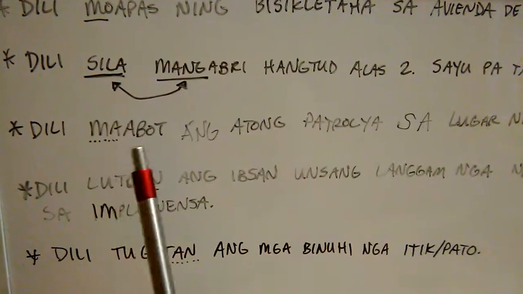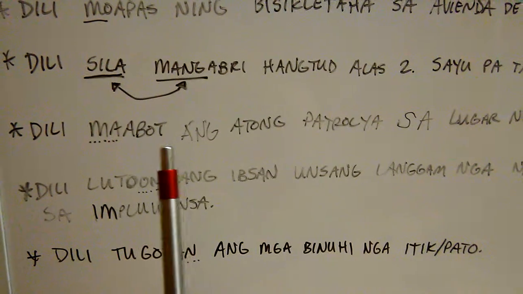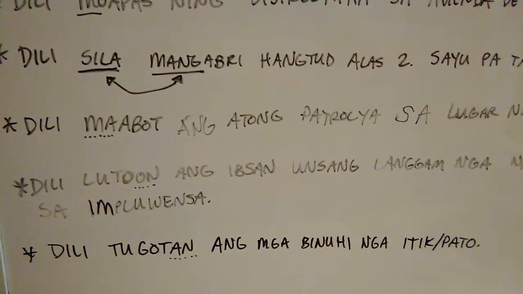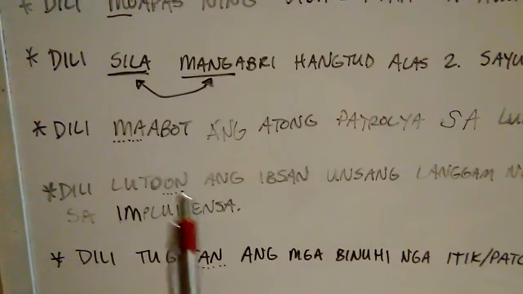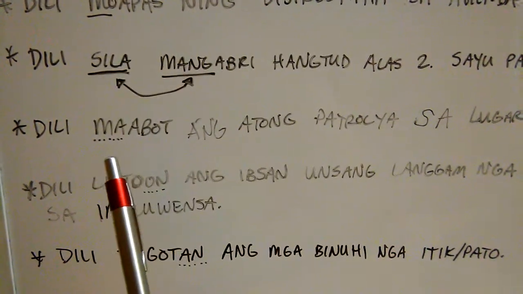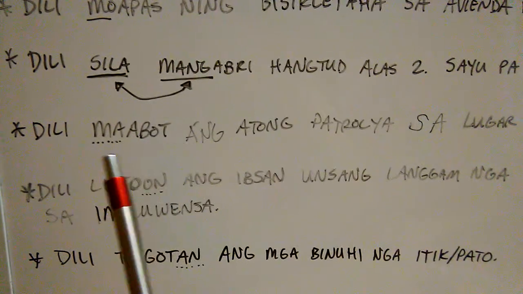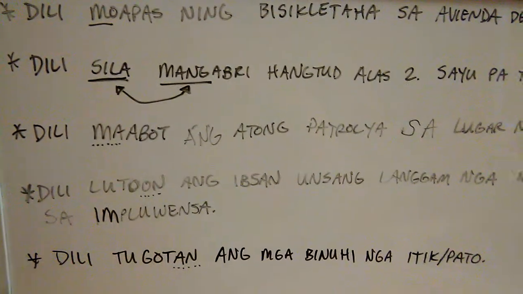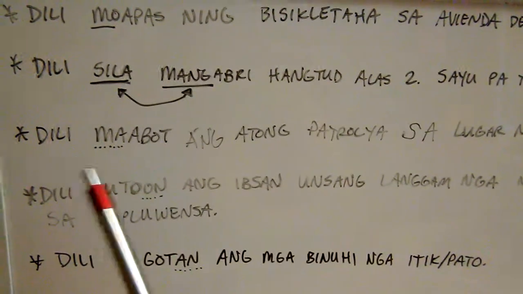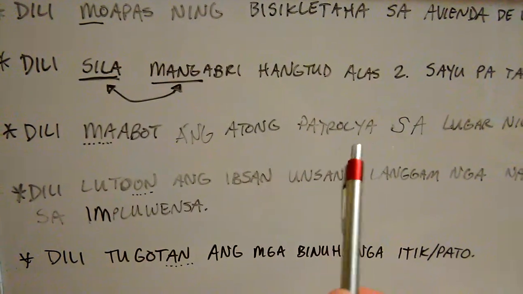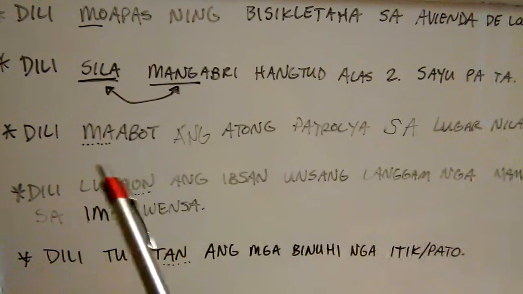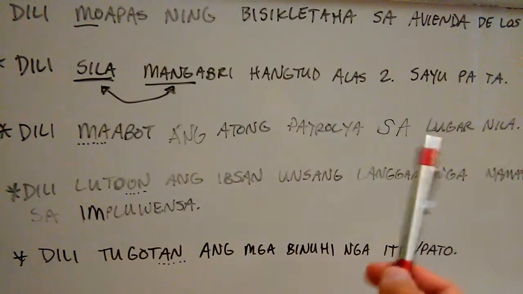This, however, is written in the object focus, which is still okay because why? It expresses the incomplete and incepting aspect. Duh. So dili maabot ang atong patrolya sa lugar nila. Our patrol will not reach their lands, okay?